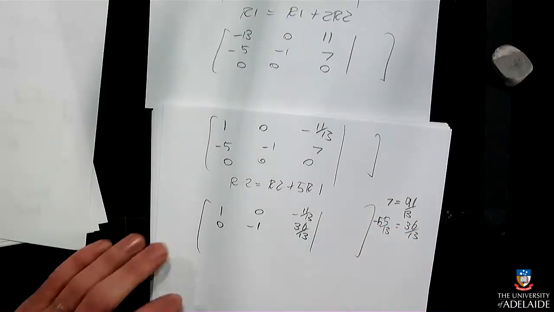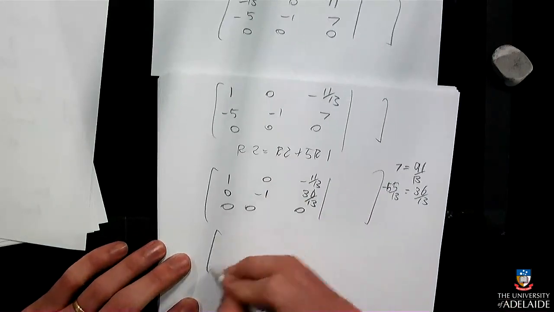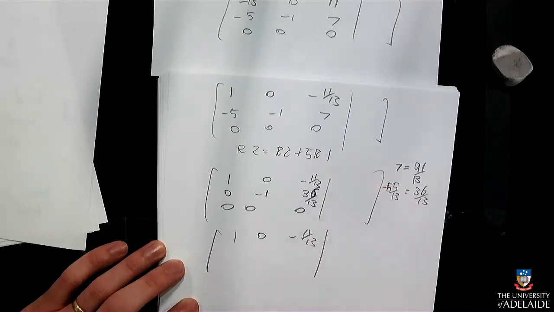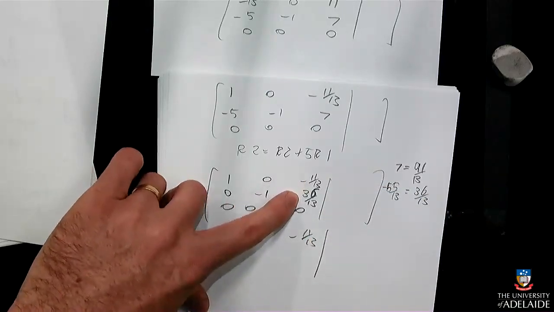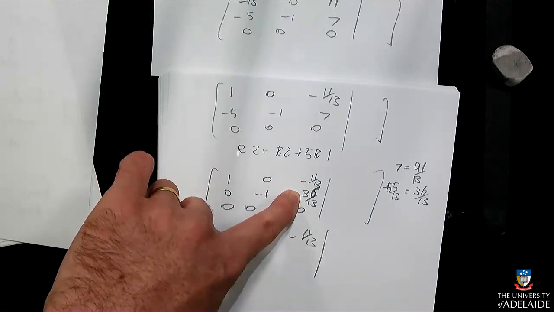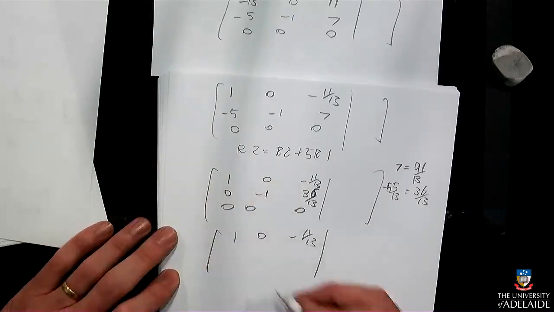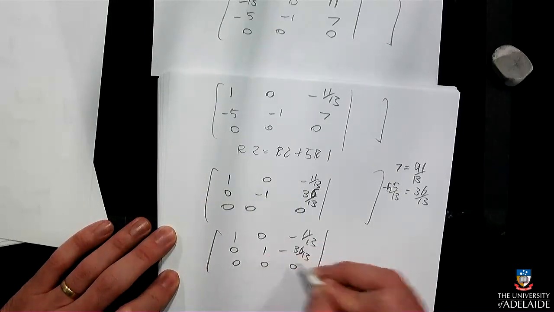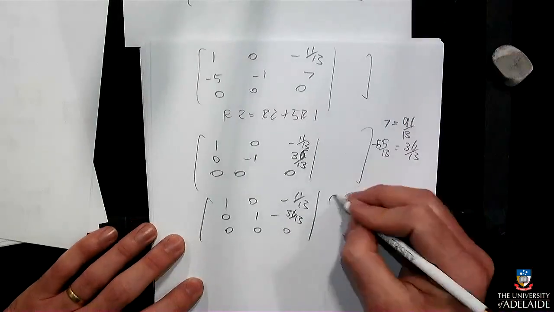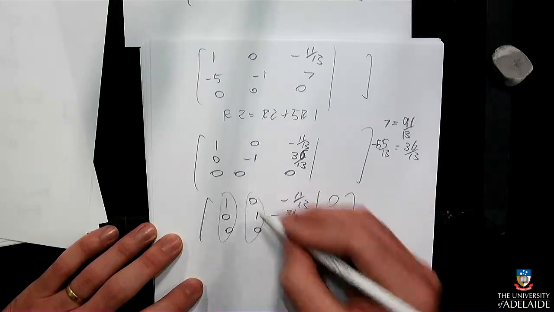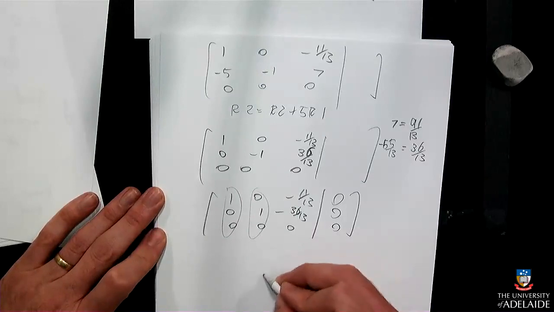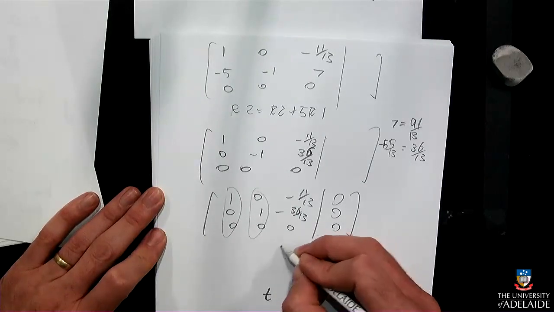Okay. 30 or 31 over 13 or 30? Here? Okay, so I've got my free variables now. There's a pivot there and a pivot there, and I have one free variable, so I shall call that t, my third variable.